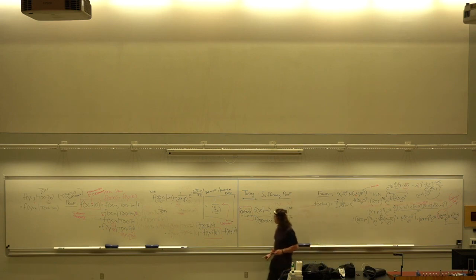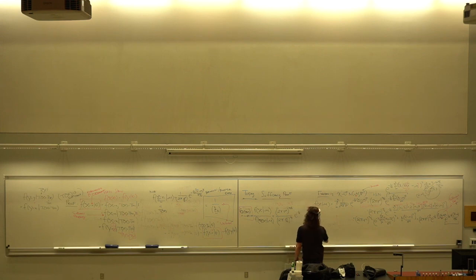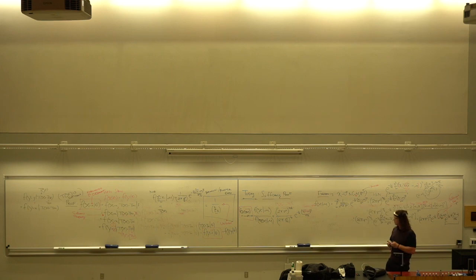And I have cancellation between this and that last part down here. The only thing that's remaining in there is e to the minus 1/2 x bar minus mu squared over sigma squared. And there's an n in here as well.